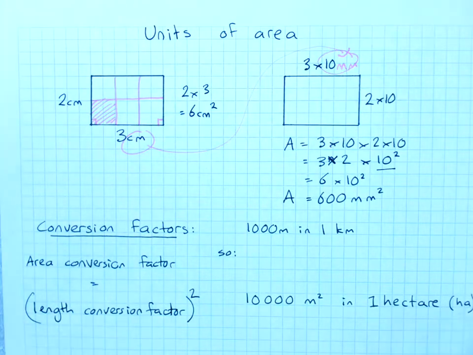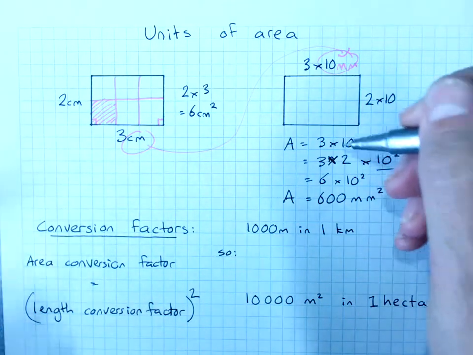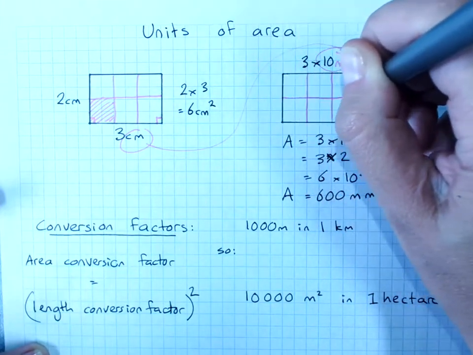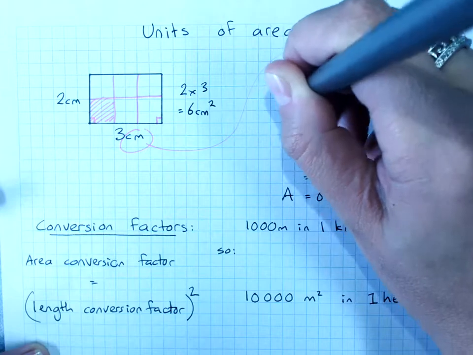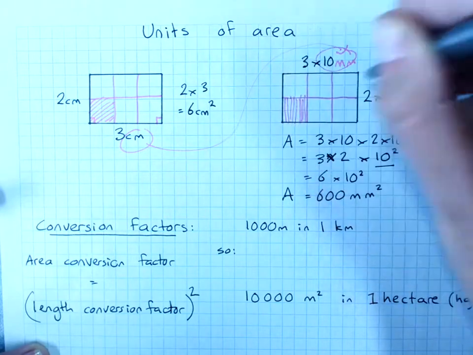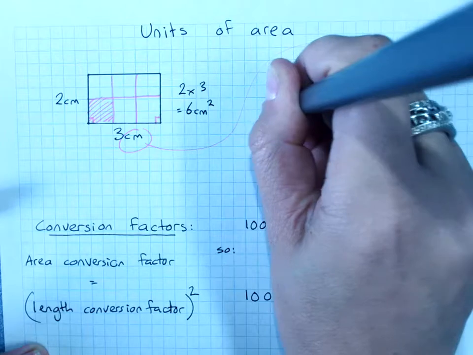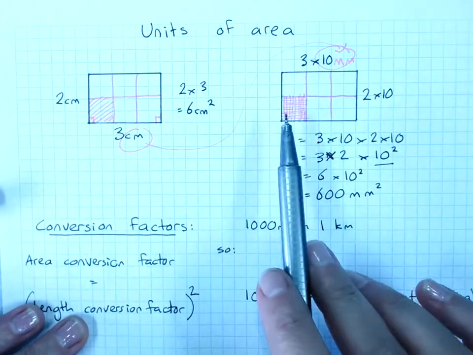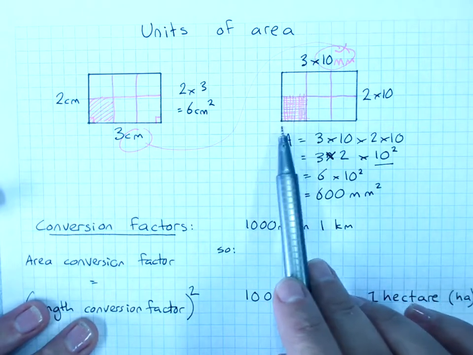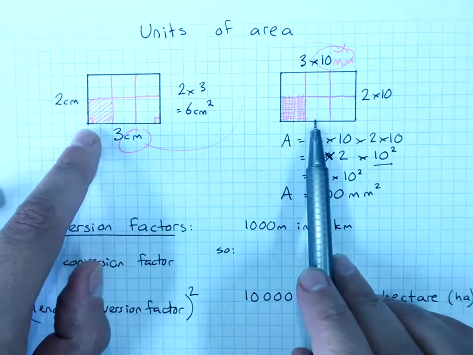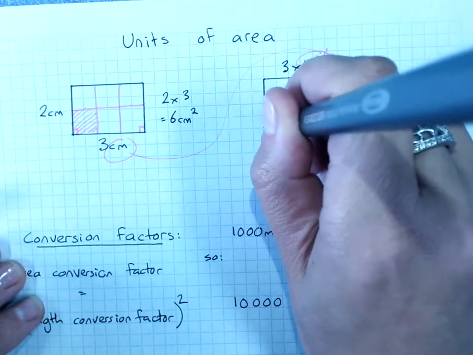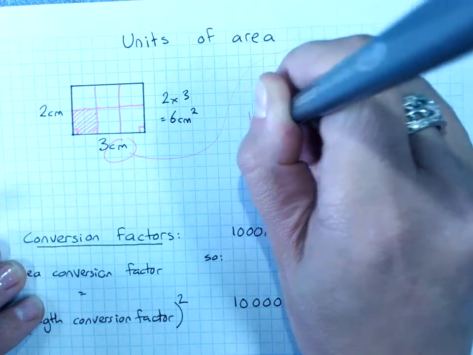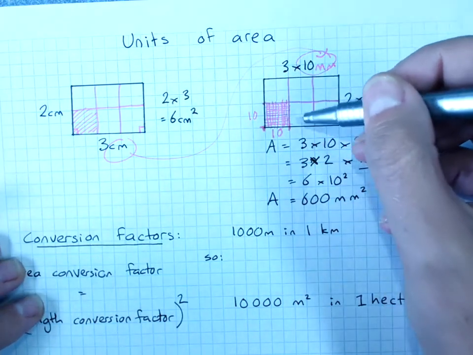If you think about it another way, I've divided these up not into centimeters, but into millimeters. 1, 2, 3, 4, 5, 6, 7, 8, 9, 10. There's no way there's 10 millimeters squared in 1 centimeter squared. That's 1 centimeter squared. This is 10 millimeters just here. This is 10 millimeters just here. That would be 100 millimeters squared.